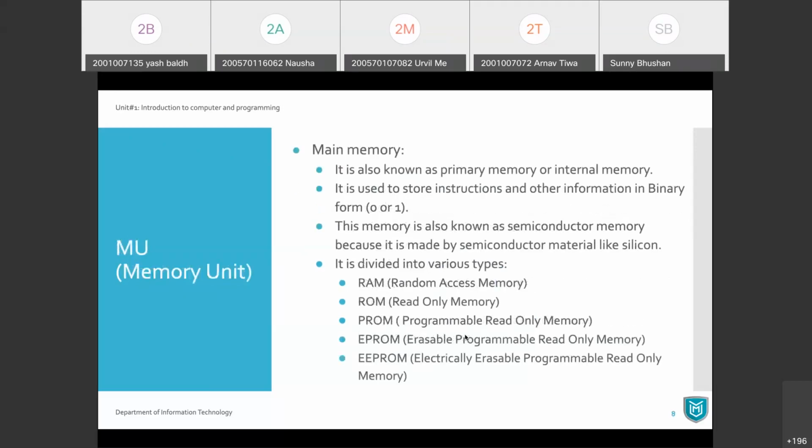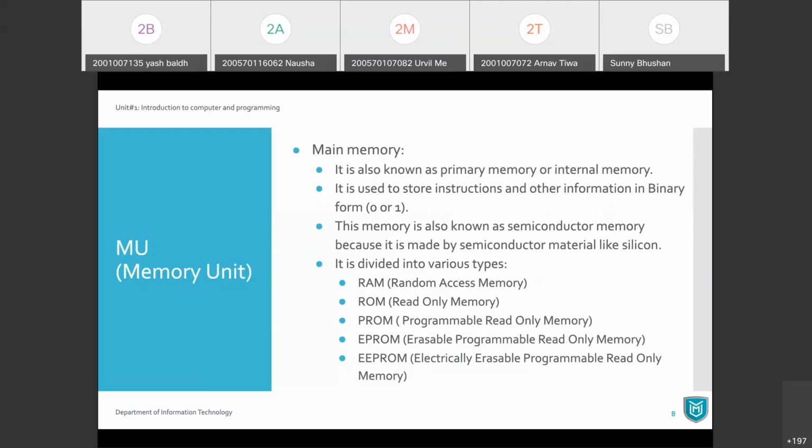And the MU. The question comes from multiple students: what is the MU, and what is part of the MU? The memory unit, or the main memory, is going to be the RAM, ROM, PROM, EPROM, anything from this.